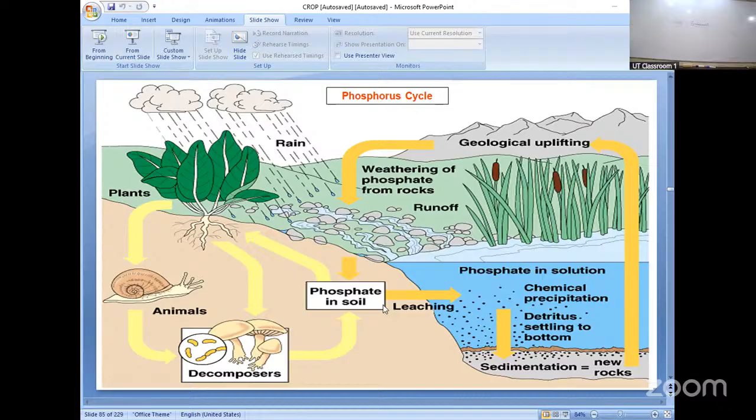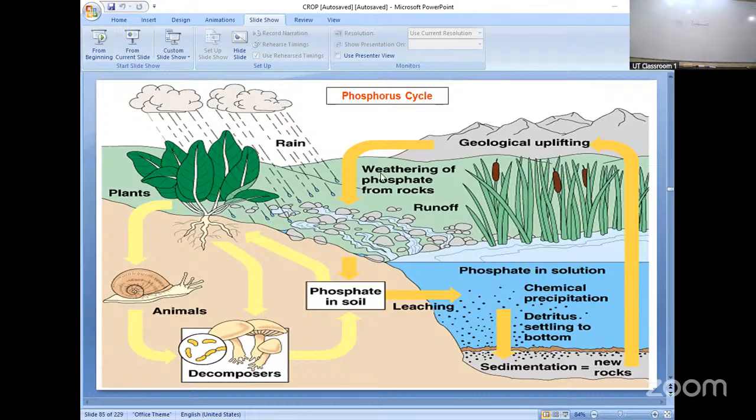Then through leaching, which means eroded into the water, there is chemical precipitation, or sedimentation, and new rock formation. From this, again there is geological uplifting.